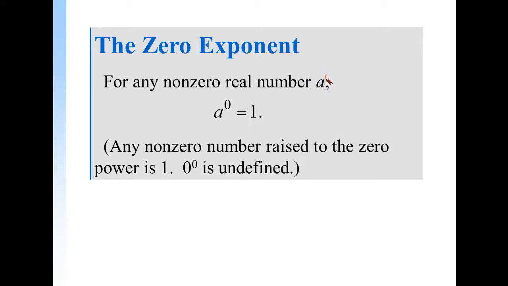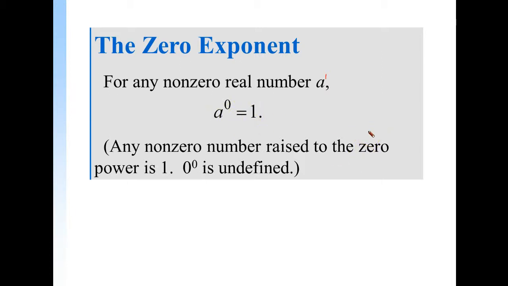There's a 1 there that we don't write. But how about if there is a 0 in the exponent spot? Well, here's the general definition. Anything to the 0 power, as long as it's not a 0 as the base, is 1.